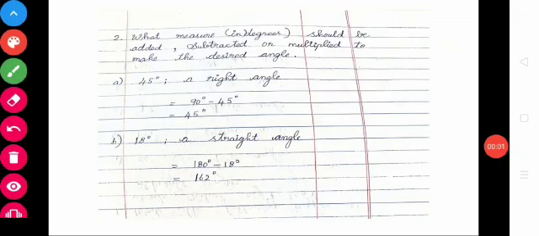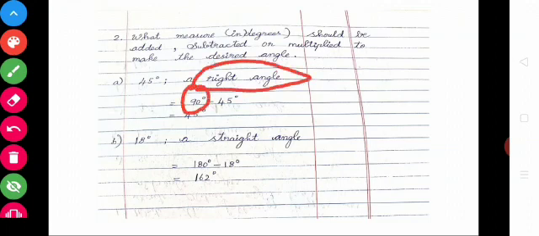See the next sum. What measures in degrees should be added, subtracted or multiplied to make the desired angle? What is that angle? It is given 45 degree, a right angle. So a right angle is 90 degree. So write 90 degree minus 45 degree.